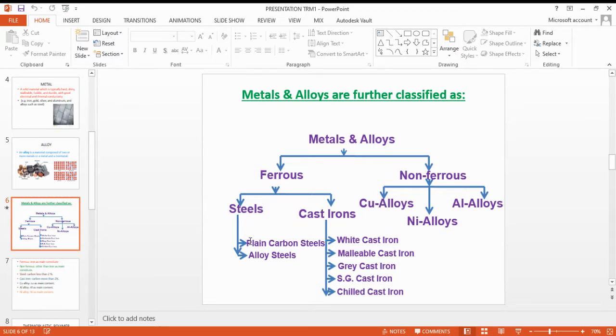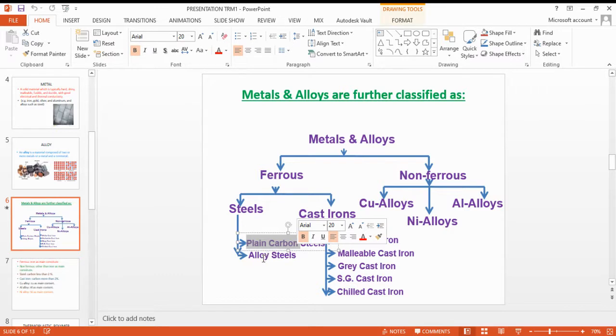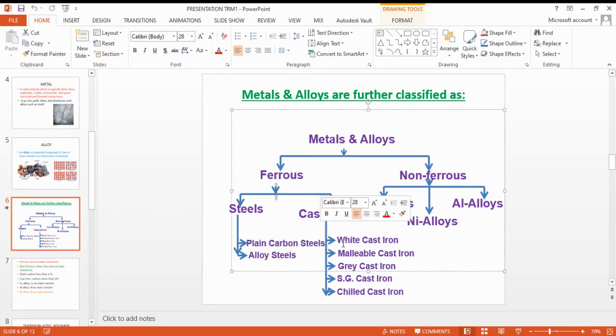Steel can be further categorized as plain carbon steels and alloy steels, whereas cast iron can be classified as white cast iron, malleable cast iron, gray cast iron, and chilled cast iron.